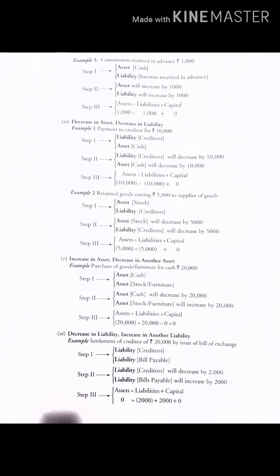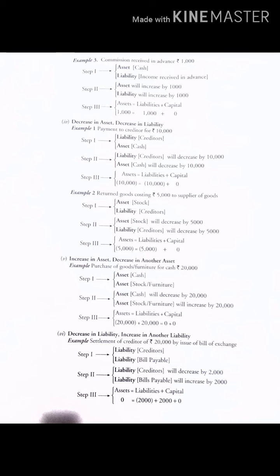Commission received in advance. That means commission means we have worked for something, and for that we have received a commission. And that commission we have received in advance, that means before time. So which variables does it affect? First and foremost, we are receiving commission, that is we are receiving cash. Now what is cash?